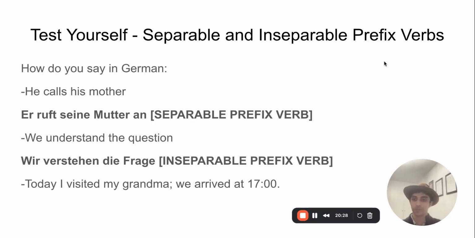Okay, last example then, or last question. Today I visited my grandma. We arrived at 5 p.m. Obviously, a few things to note here. There's two verbs, of course. I visited and we arrived. So you have to think about each of those. And this is, of course, in the past tense, in the perfect tense. So we've switched tenses here. We're no longer in the present. You're going to have to put everything in the perfect tense here, one by one again.